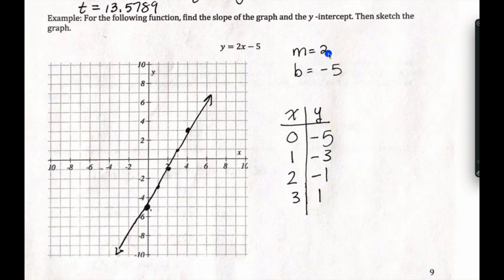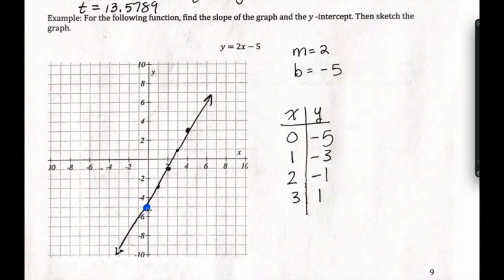That means for every vertical change of 2, there is a horizontal change of 1. Even though it's not written here, you can write this as 2 over 1, which is the same thing as 2. So for every vertical change of 2, we go over 1. The y-intercept is negative 5. That means it's the initial value, so that's where it crosses the y-axis.